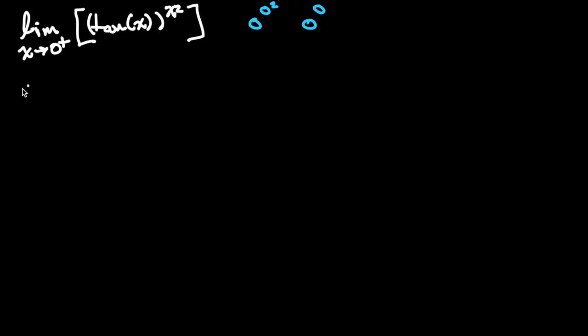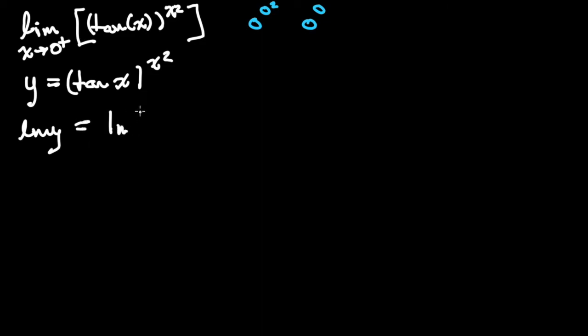And the first step was to let the function of the limit that you're evaluating equal to y. So we're going to write y equals tan x to the power of x squared. Our next step is to ln both sides. So ln of y equals ln of tan x to the power of x squared.